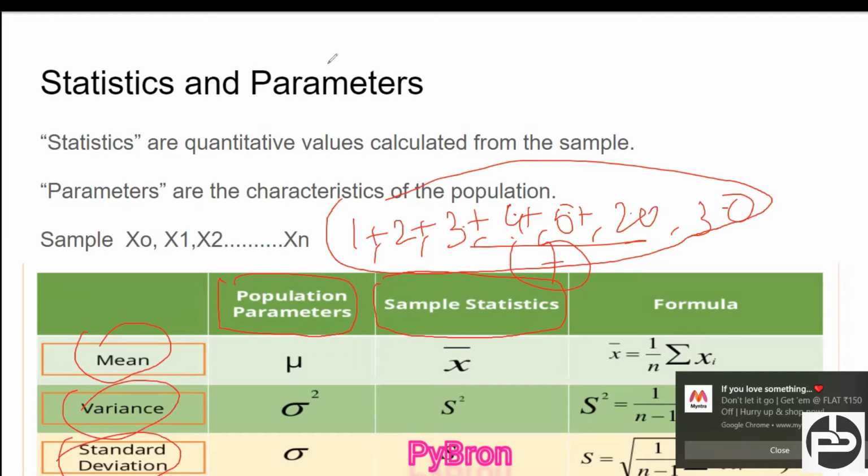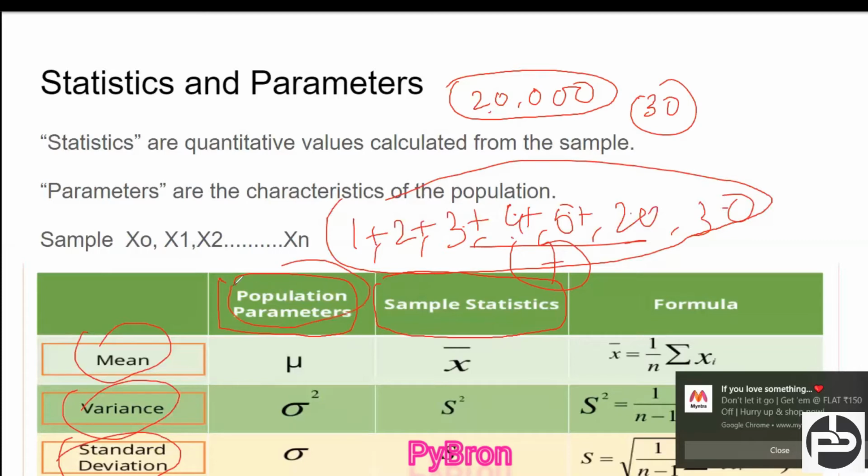Suppose we have 20,000 data points. Analyzing these 20,000 data points is a more tedious job than analyzing 30 or 40 data points. So if you are going to analyze the complete data, that is coming under the population parameter. And if you are going to analyze a part of your complete data, that is coming under the sample statistic.